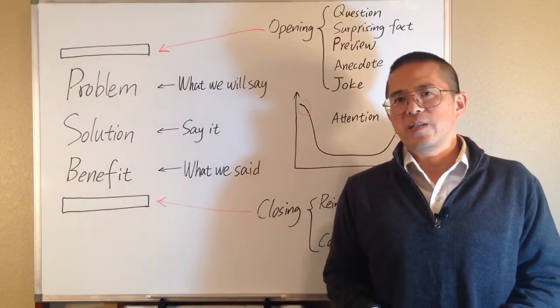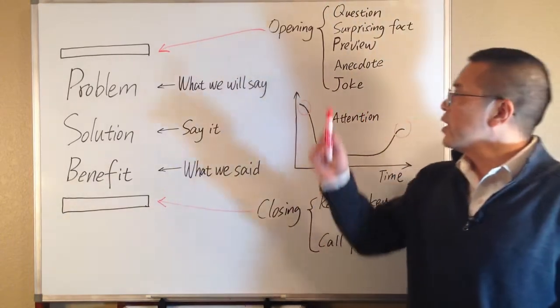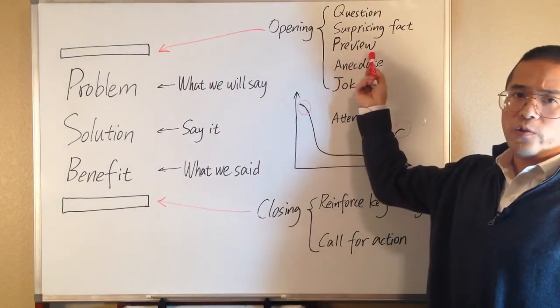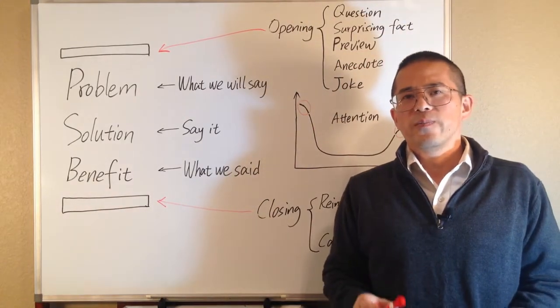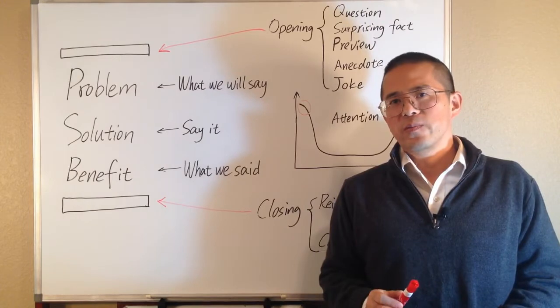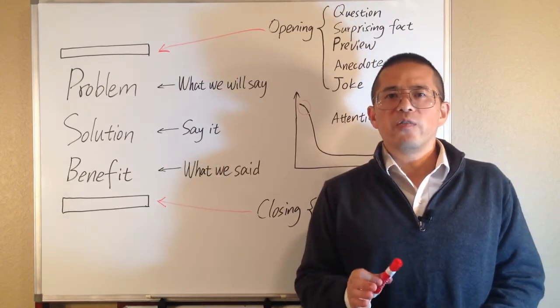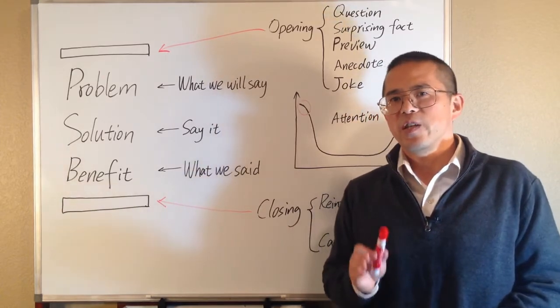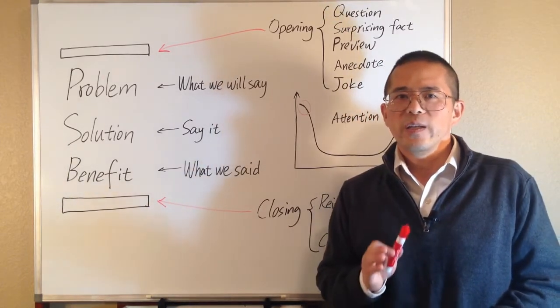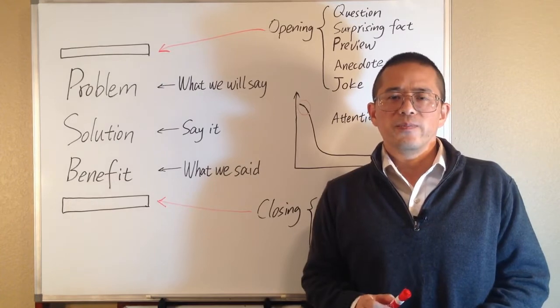The third method is a common one. It is to provide a very brief preview of our key message. Typical phrases include, "Today I will show you," or "The purpose of my presentation is," and then we provide our key message in a very condensed form in 1 or 2 sentences.